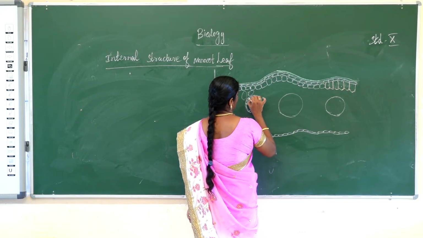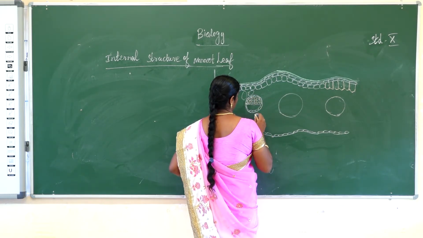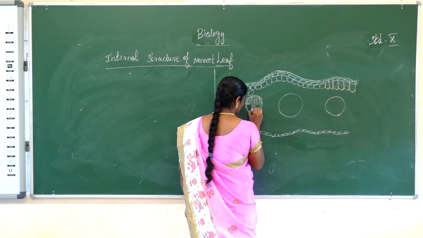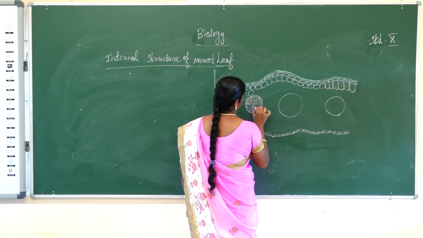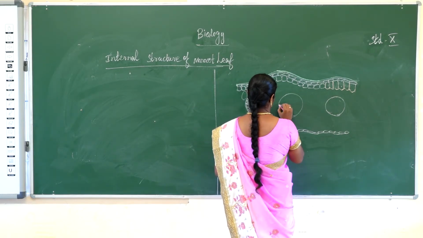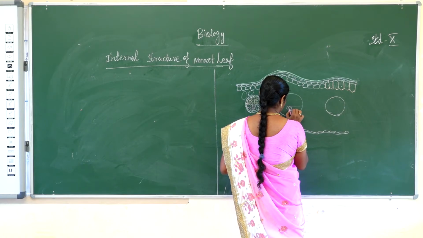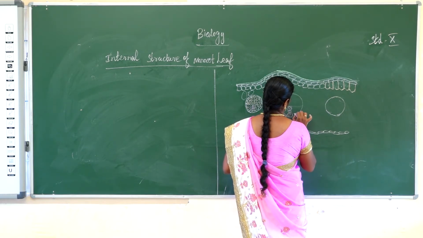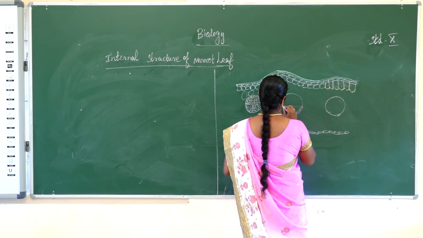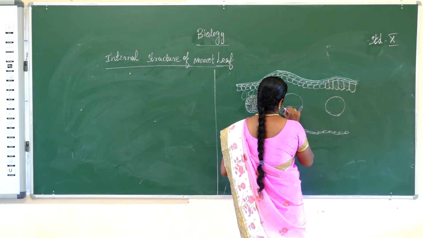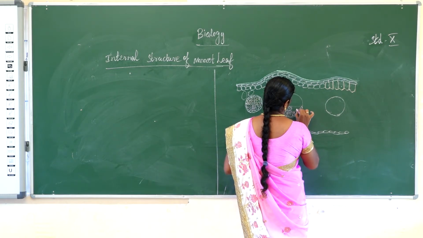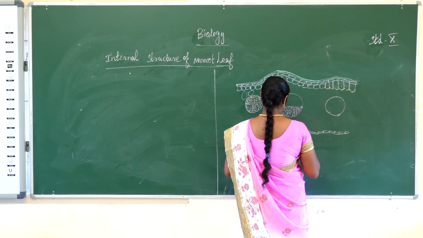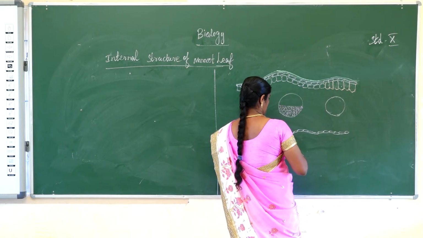Xylem and phloem are present in the vascular bundle. In the monocot leaf, a large number of vascular bundles are present. Xylem and phloem are present.